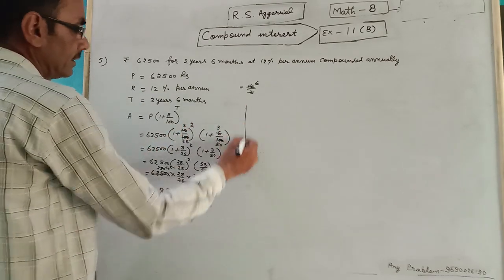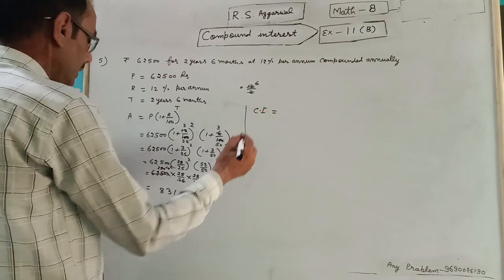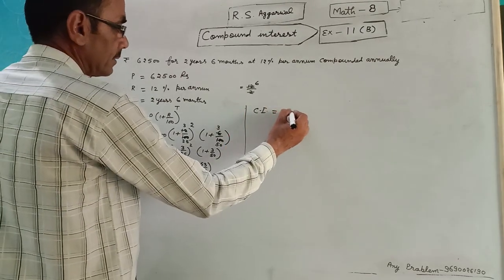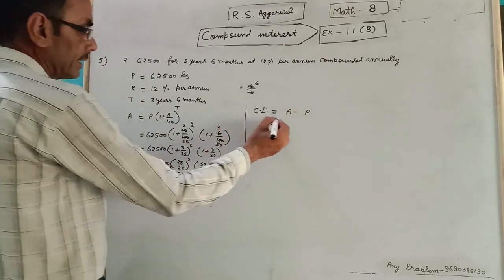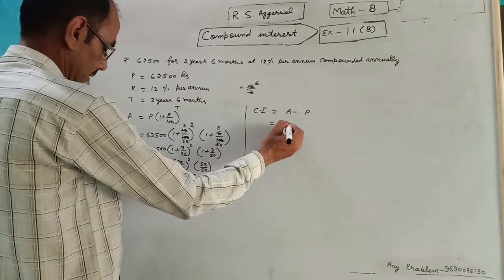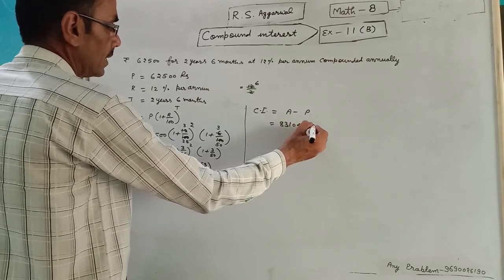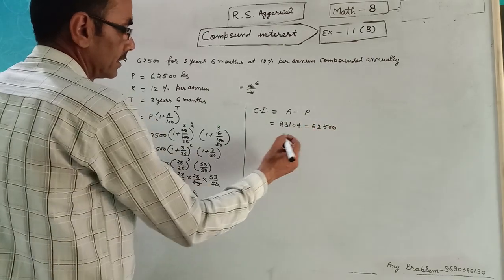For compound interest, to find A minus P, A will be 83,104 minus 62,500.